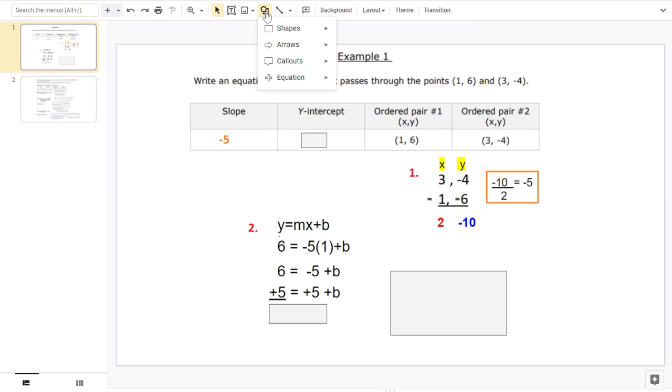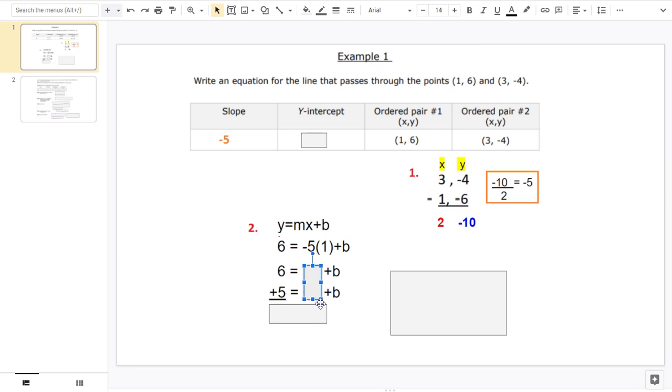So we have -5 and a +5, which is going to cancel that out. Okay, now we have 6 plus 5, which is going to give us 11. So now we have 11 equals b, because we have nothing left over here but the b. So now we know that our b, our y-intercept, is 11.